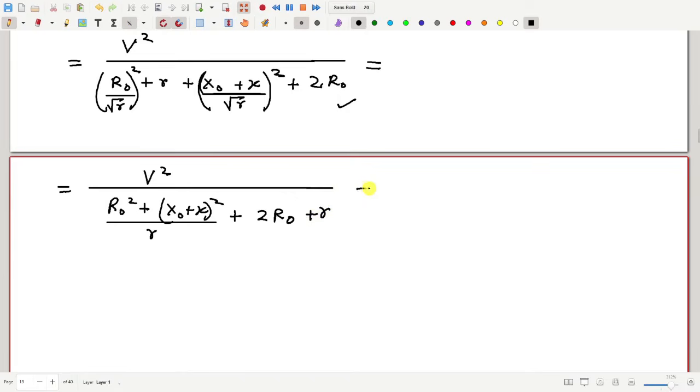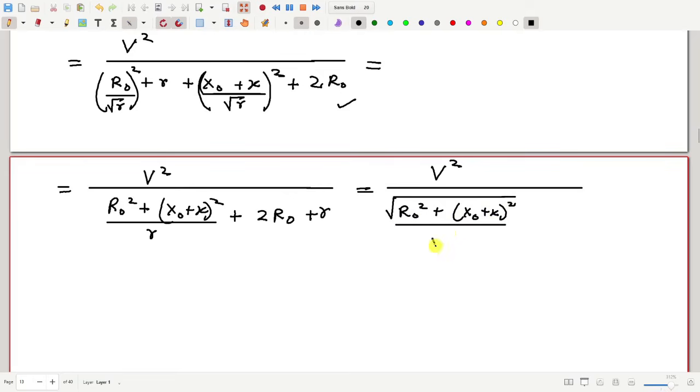Now this is equal to V square divided by R naught square plus x naught plus x whole square by root r minus root r whole square.